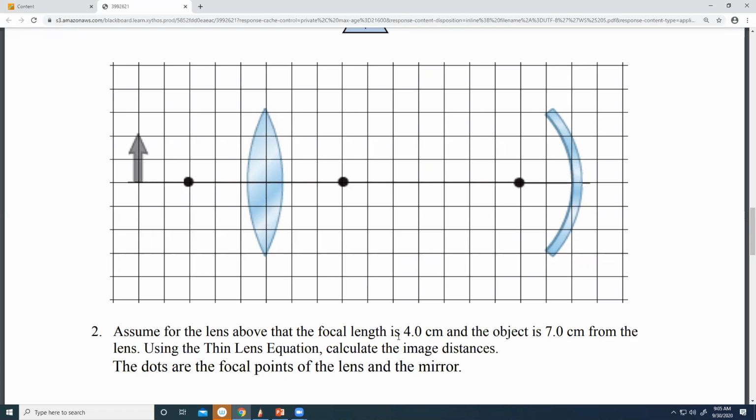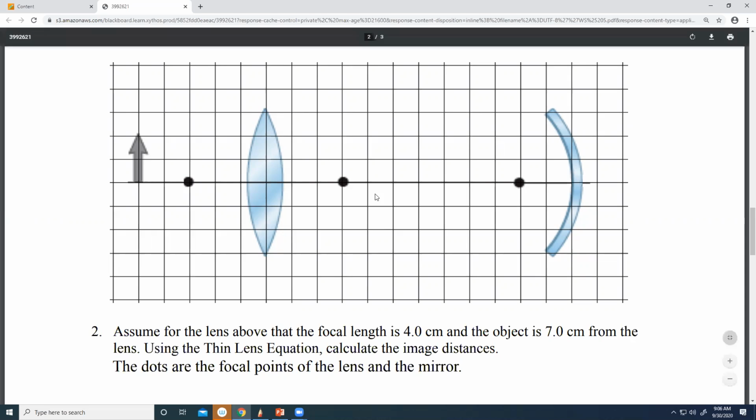Okay. So you need to draw the ray diagram and see where the image is formed. And you also need to see the image distance using the thin lens equation. So you need to do this by drawing the ray diagram as well as by using the formula. So let's look at how to do that. Let's see.